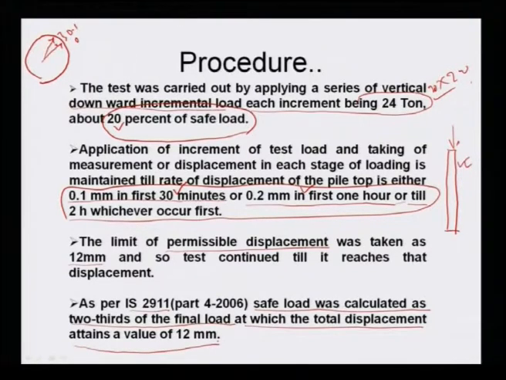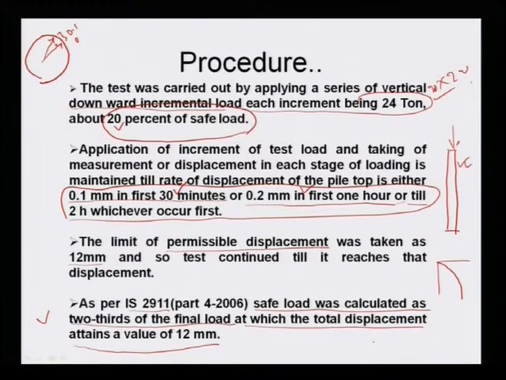If there is a pile load test, as per IS code, from this pile load test, safe load was calculated as 2/3 of final load, at which total displacement attains a value of 12 mm.